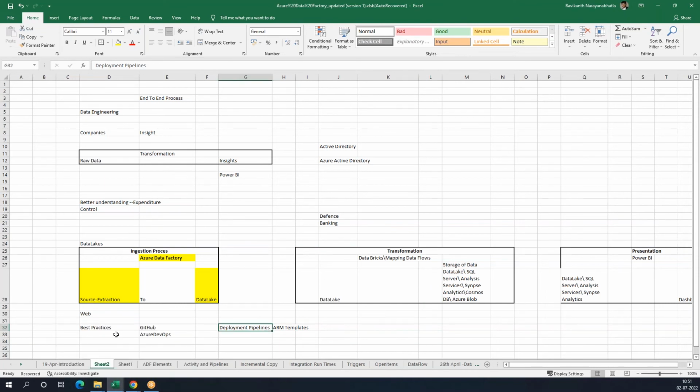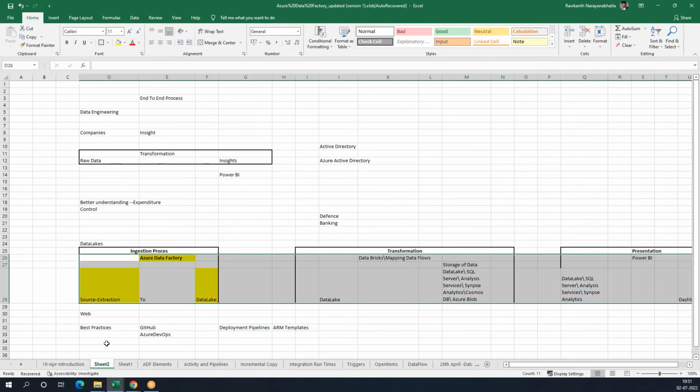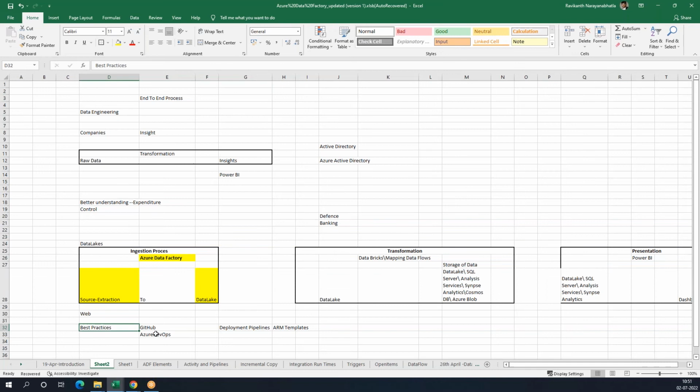So as part of this training, we'll also cover this end-to-end process as well as the best practices, how to manage GitHub and Azure DevOps, and then creating deployment pipelines using ARM templates.